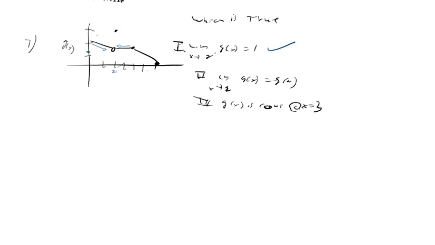Number 2 is asking, does the limit as x approaches 2 equal the value at 2? Is that one a yes or no? Well, we know the limit part is 1. What's the value of g of 2? The value of g of 2 is going to be up here, and it's going to be 3.